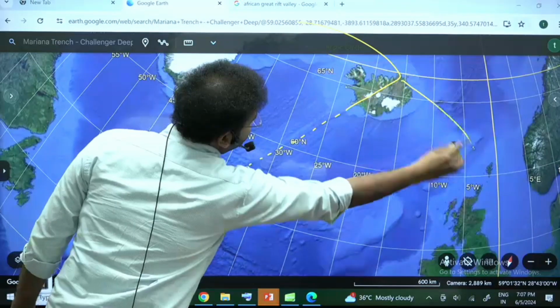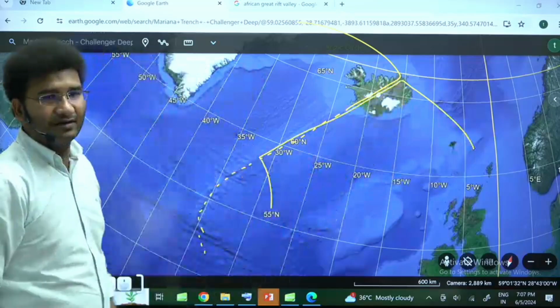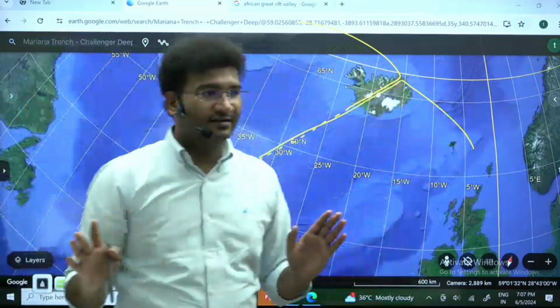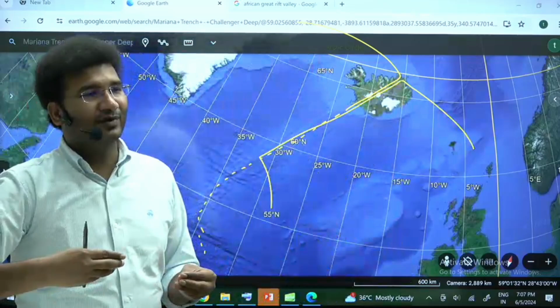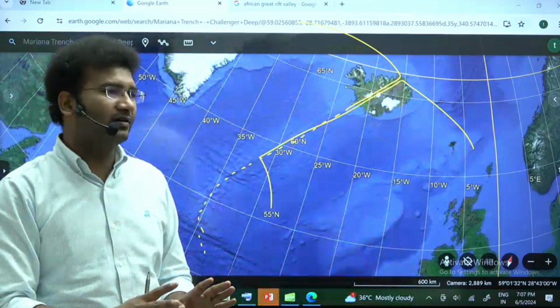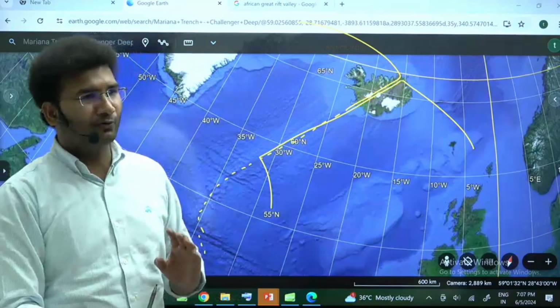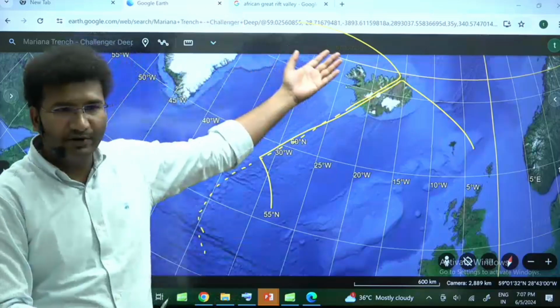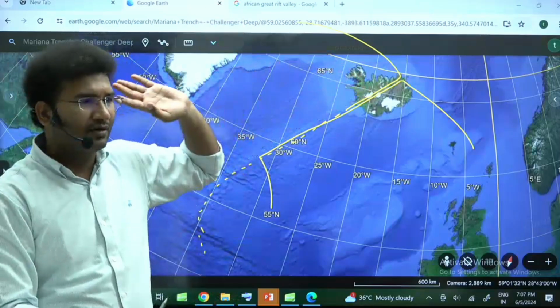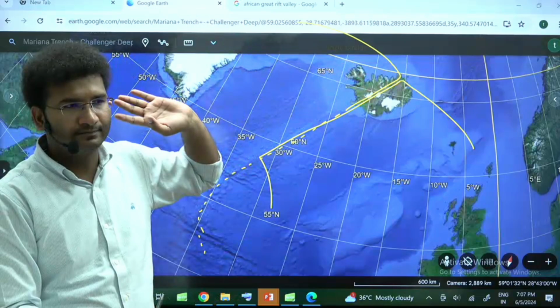Iceland is literally having the boundary in the Iceland. So Iceland pe, it is bound to find earthquakes also, it is bound to find volcanoes also. No matter whatever the development you do, it will go into the ground. ठीक है?